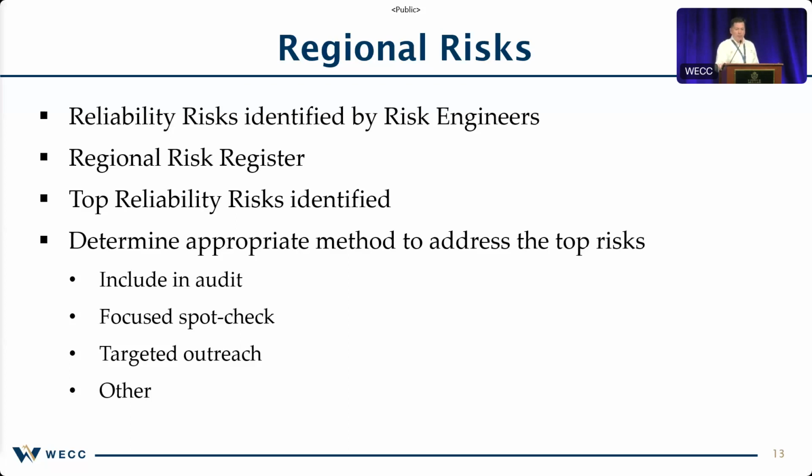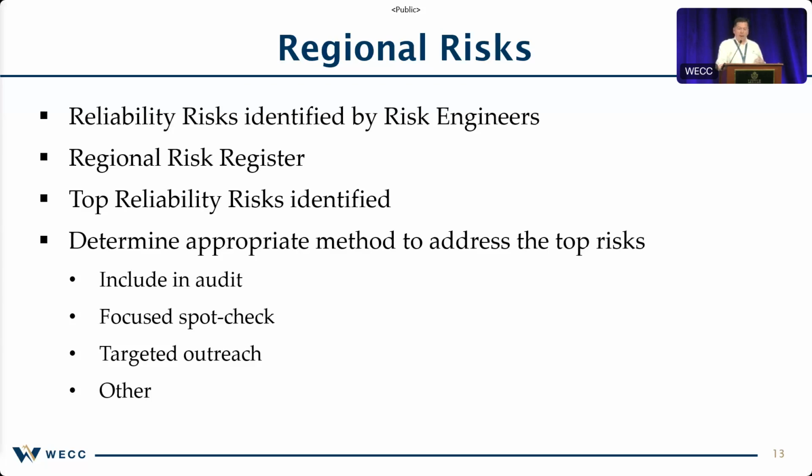So the goal of all this is to provide feedback to the entities on how WECC sees their inherent risk, their performance, their residual risk. So we want to understand and provide feedback individually as entities, but we also want to take all of those concerns that we have and the residual risk that we have and use those as building blocks and aggregate those to what the oversight planning team sees as Western interconnection risks.